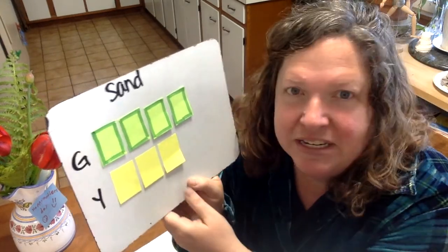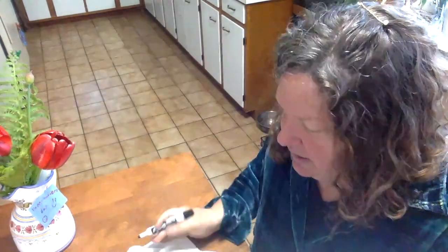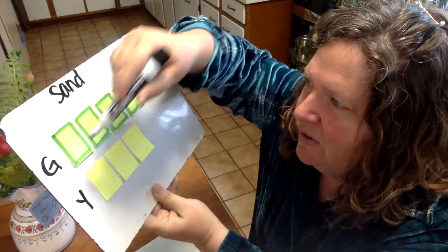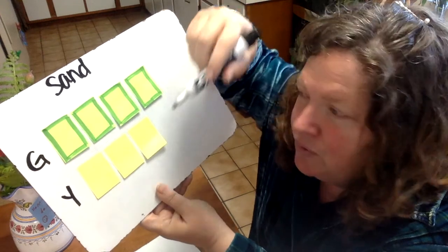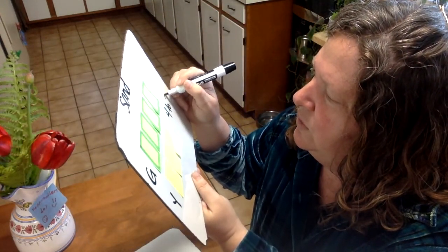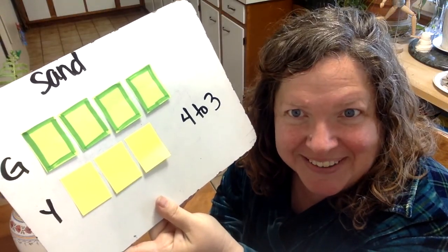So first of all, we're just going to think about that in the way that we've been thinking about it quite often. How are we going to write the green to the yellow? Well, hopefully you're thinking of a few different ways. 4 greens, 3 yellows. So we could write 4 with the word to, 4 to 3. How else could we write it?